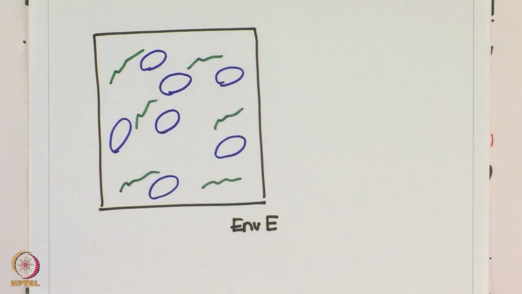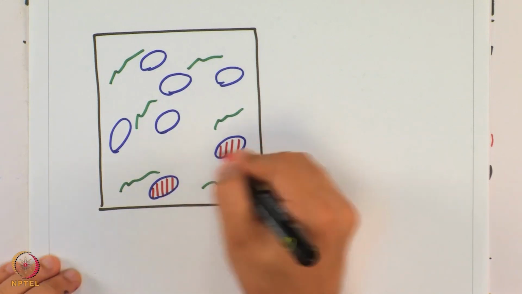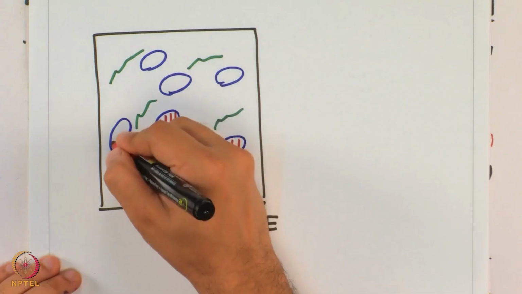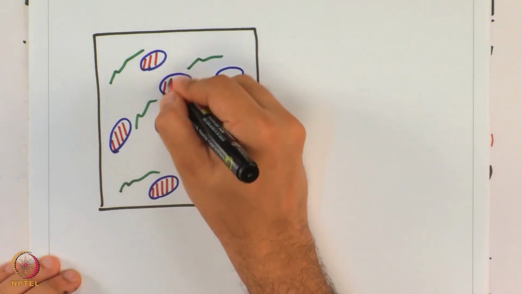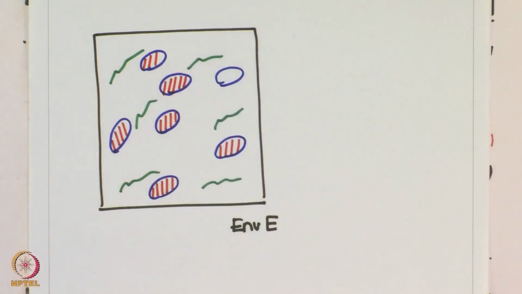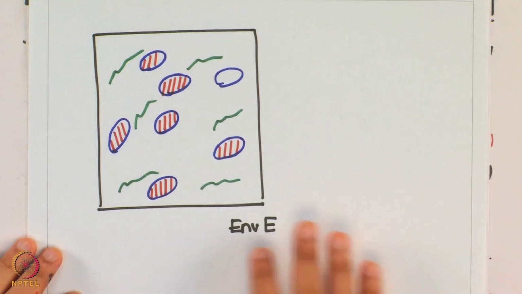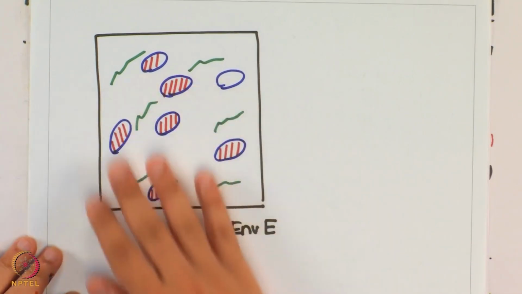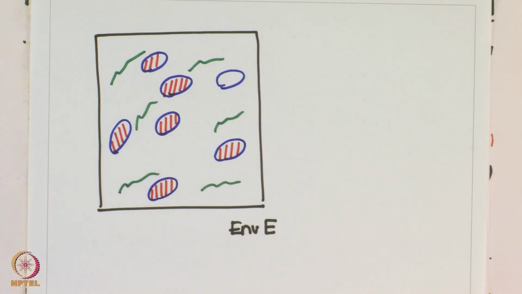Because selection has acted for a while, most of these bacteria belong to the mutant genotype. Let us imagine the scenario to be something like this, where most genotypes are mutants and only this one parent genotype survives.